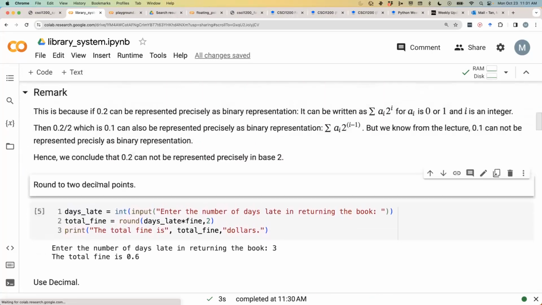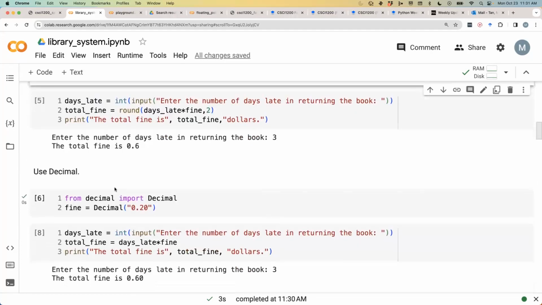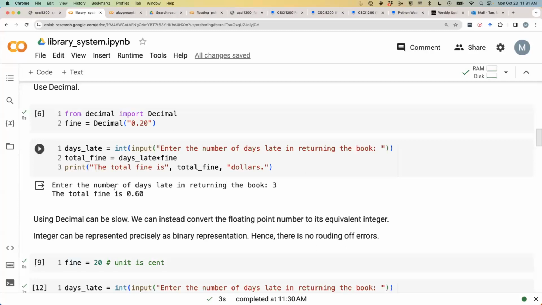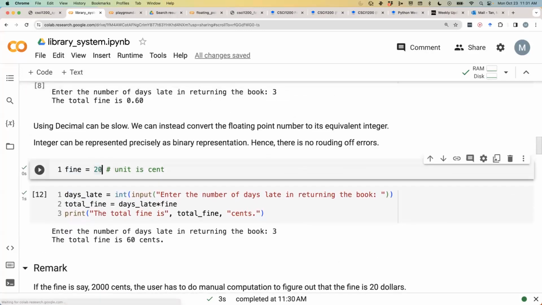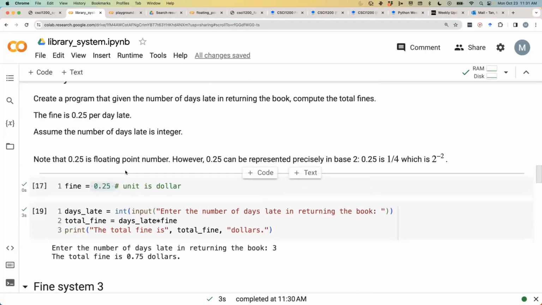Whether you want to round it to 2 decimal points and take the risk that it might give us rounding error, or it might not give us a risk of rounding error after rounding to 2 decimal points. Or you want to be very precise, very accurate, you use decimal. Or you do not want to use decimal because it's slow, or you don't have the decimal library, you can convert into its equivalent integer forms. Instead of unit as dollar, it's unit as cent. So these are something that you need to think of when you create a system.